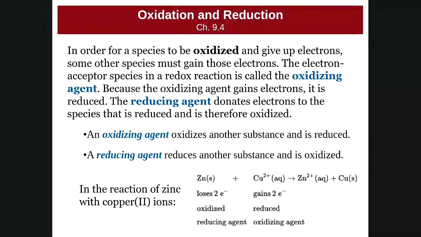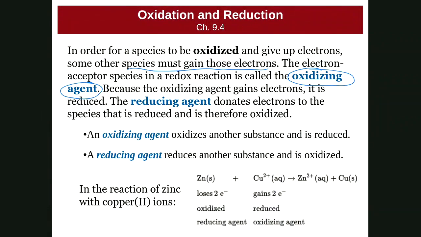So in order for one species to be oxidized and give up its electrons, the other species has to gain those electrons, the electron acceptor species. The thing that is taking the electrons is called an oxidizing agent. And that means that it is oxidizing the other species, causing the other species to lose electrons to this electron acceptor.